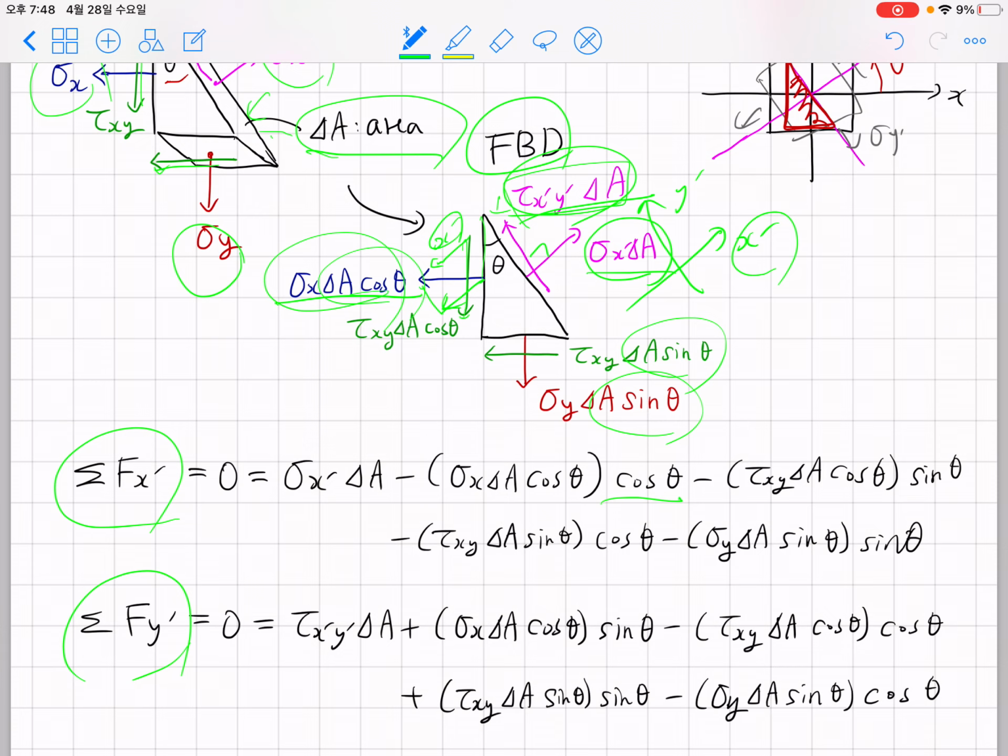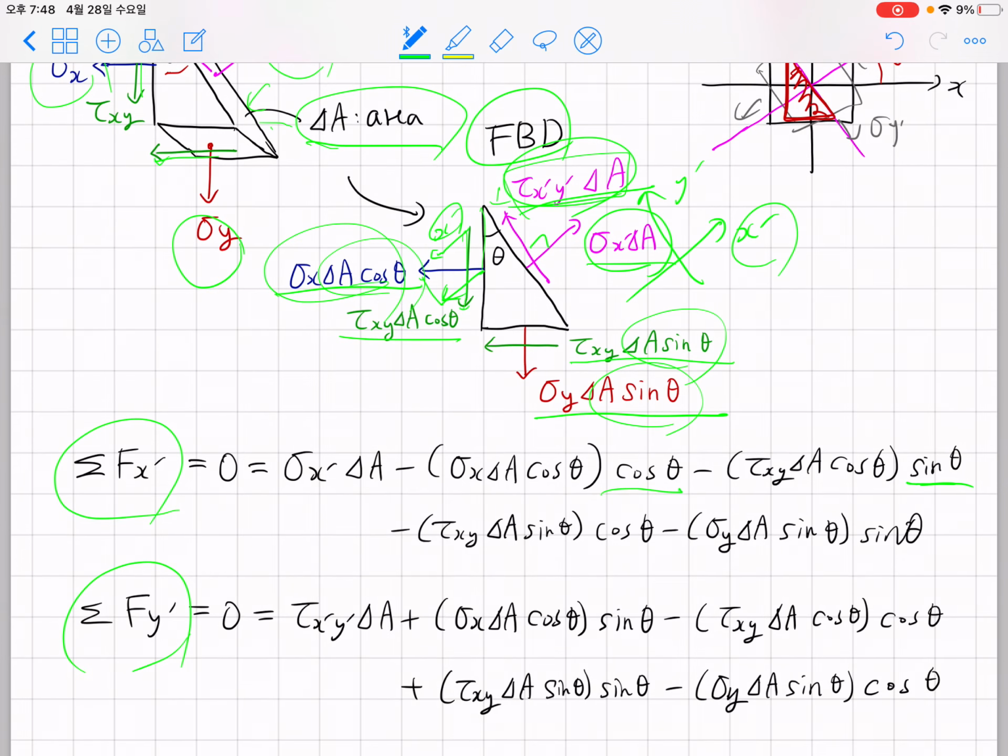So we multiply by sine theta to reflect the x prime projection, and we do the same thing for sigma y delta A sine theta and tau xy delta A sine theta. So there are 5 terms along the x prime direction, and only this one has a positive sign and the other terms have negative signs.